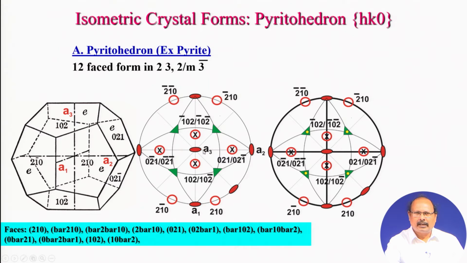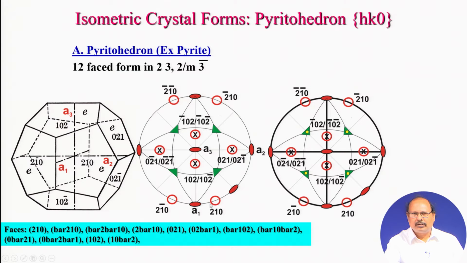There are 3 diads. This one is a vertical diad, and this is a horizontal diad of this orientation, and this is another horizontal diad of this orientation here. And the 4 green triangles represent the 4 body diagonals, and they are triads.